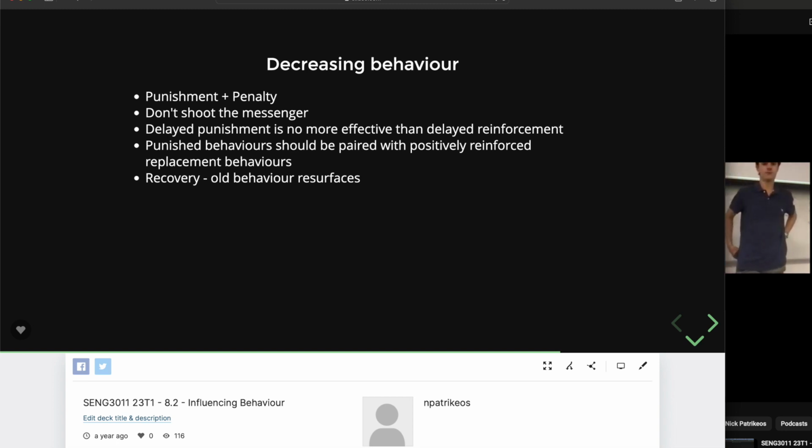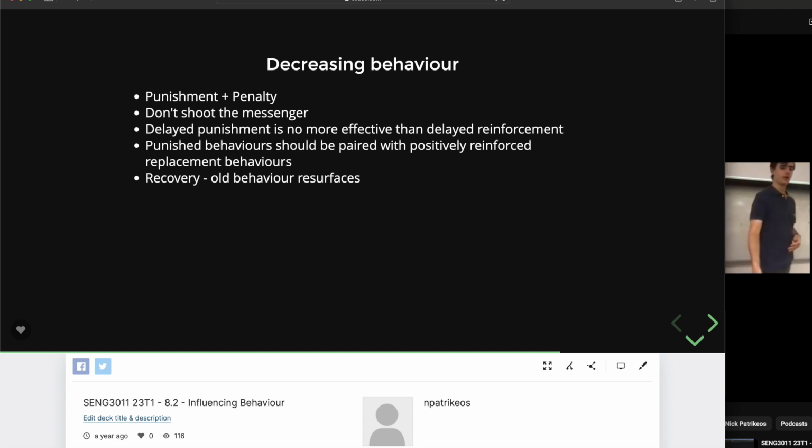Now, when you do punish someone, delayed punishment, similarly as we talked about with reinforcement, is less effective. If you do something bad, and then 5 minutes later you move on with your life, and then a week later or a month later or a year later the consequences come in, that won't be as effective as doing something bad and immediately receiving the punishment.